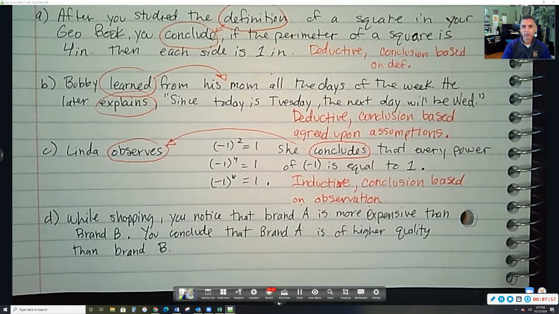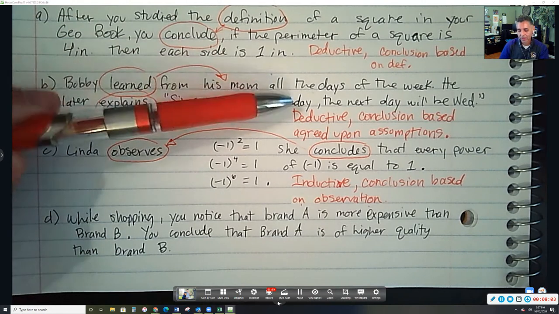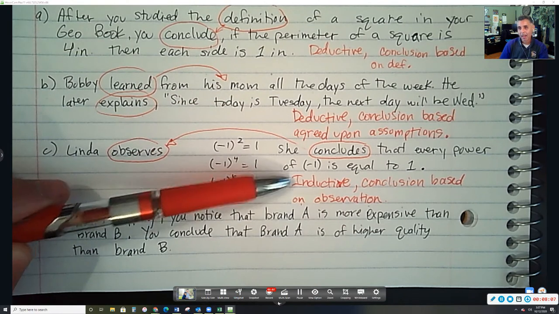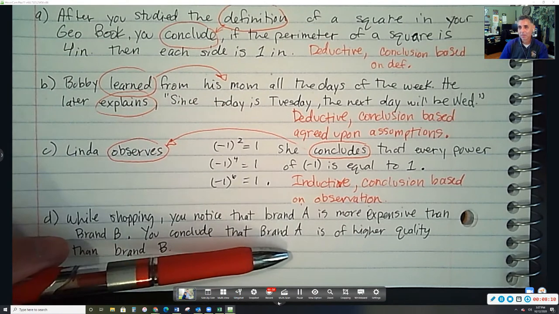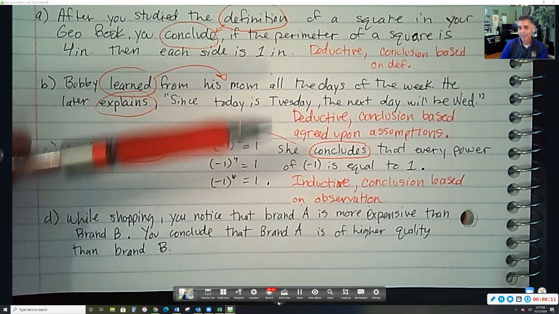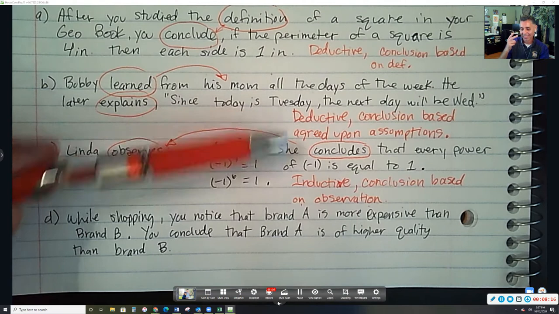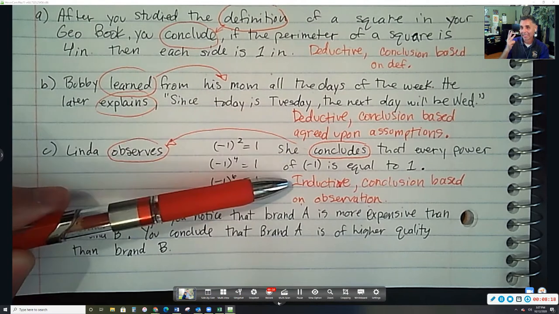So check this out. I'm going to give you a quick example of inductive reasoning. Since these first two were deductive and this one's inductive, I'm going to assume the last one's inductive also, right? Because I see a pattern. There's 2 deductives. I have 2 left and one of them is inductive.